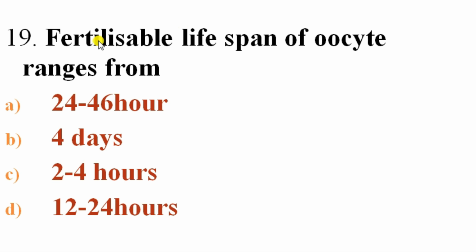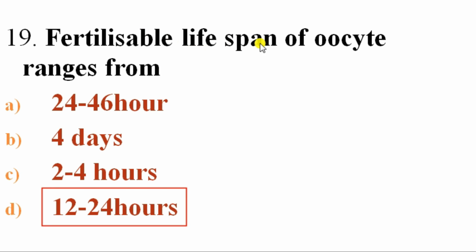Next question. Fertilizable lifespan of oocyte ranges from. Options: A. 24 to 46 hours, B. 4 days, C. 2 to 4 hours, D. 12 to 24 hours. Answer is D. 12 to 24 hours.